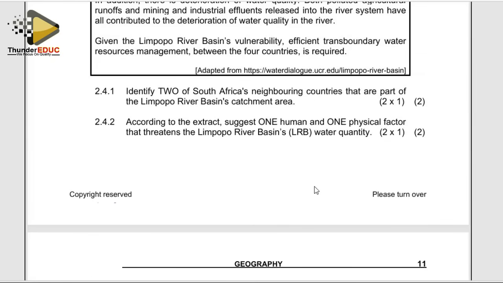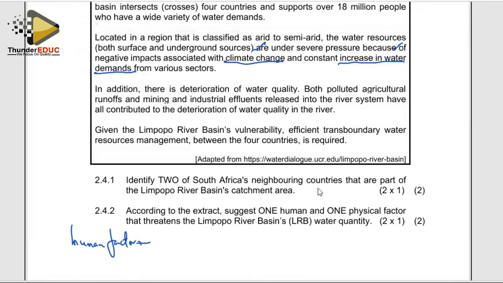So if you are looking at the human factor, there is increase in water demand.